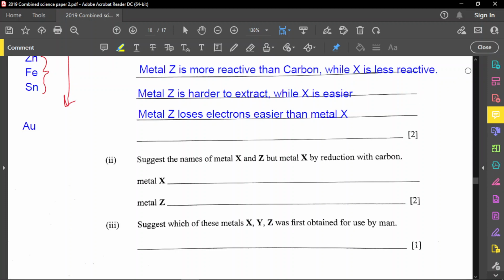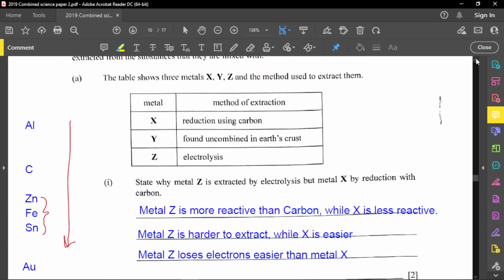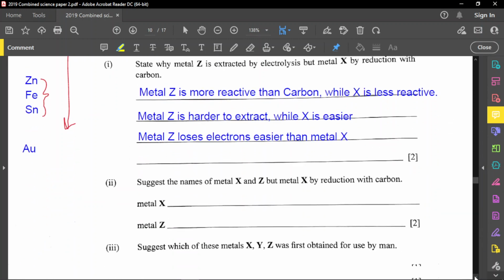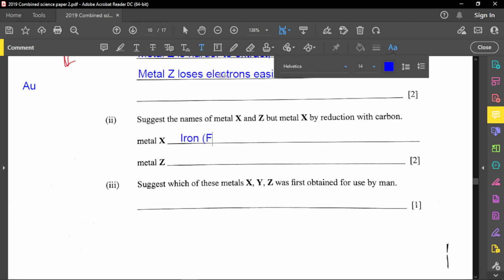So let's just name them quickly. X, reduction by carbon, is normally iron. So let's put iron there, and the symbol for iron is Fe.